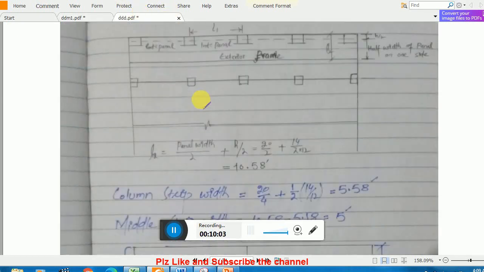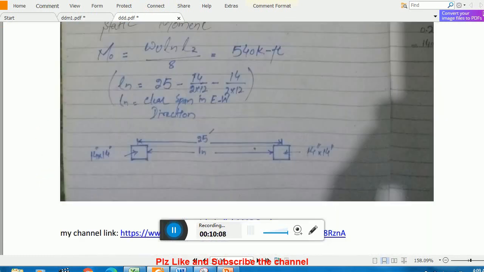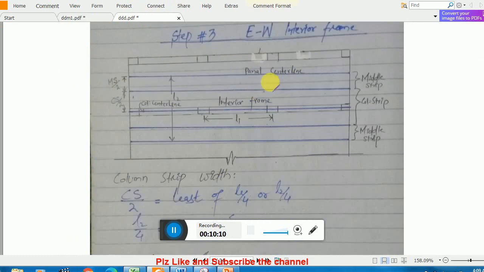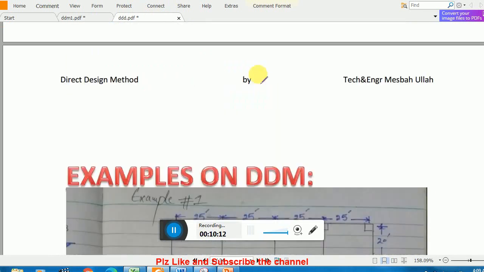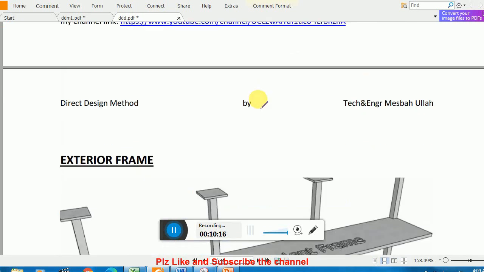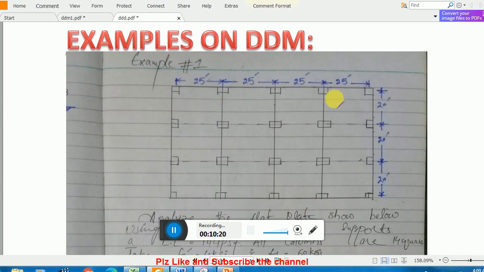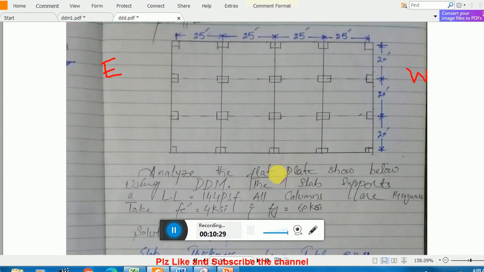In the transverse direction, remember, the procedure is the same, the method is the same; the only thing that will differ is the direction of your frames. Let's say we analyzed the frame in the east-west direction, but now we start the analysis in the north-south direction. Clear?